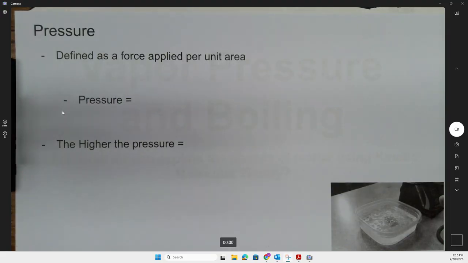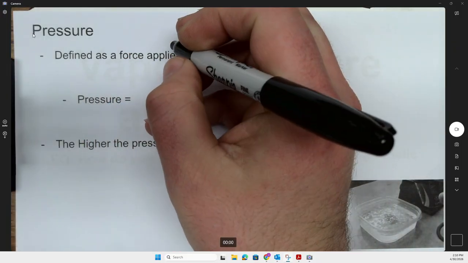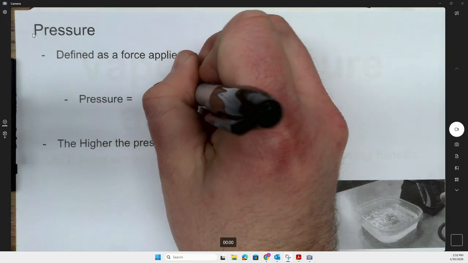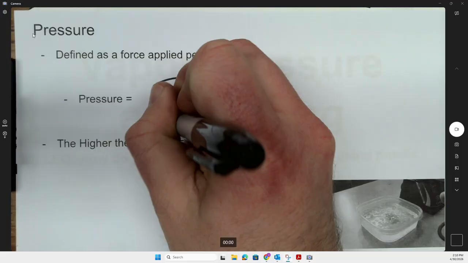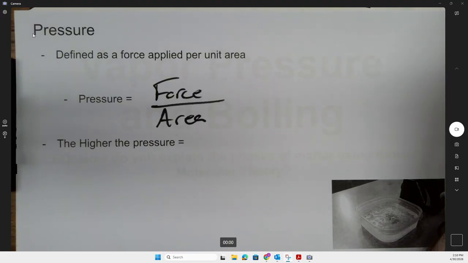So if I have this term that's defined by a force applied over an area, we're going to see that my pressure is just my force over an area. Now, a big thing, I made a small mistake last time.